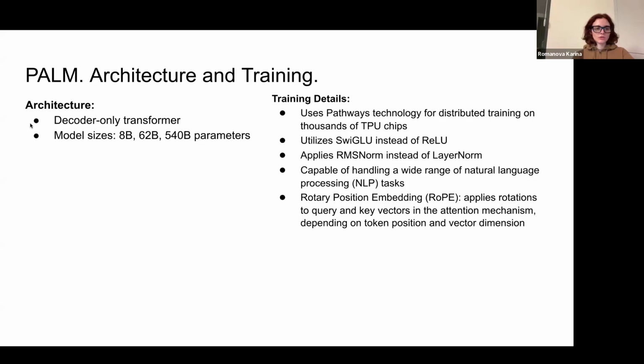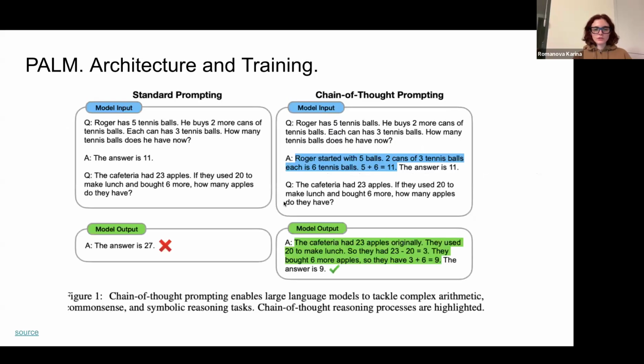Also, it's still a decoder-only transformer. And the most important thing, I think, is chain of thought. Chain of thought is useful right now in large language models, and it's a very impressive way of how we can prompt models.